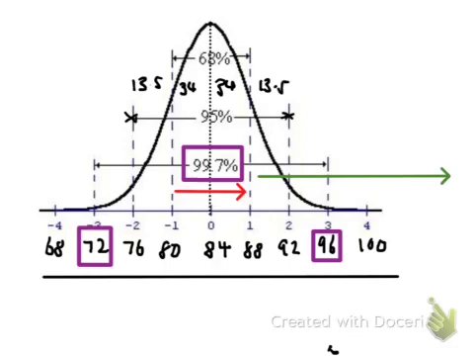Going further than that, 99.7% from there to there means we've got 4.7% between these two bits, and we divide that in half, we get 2.35% there and 2.35% there.